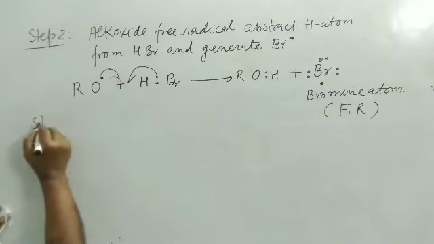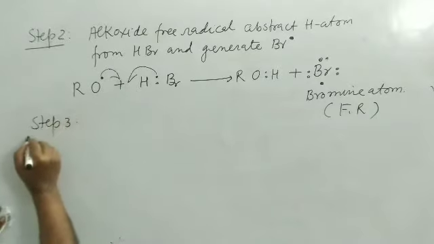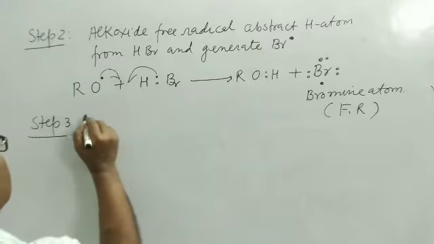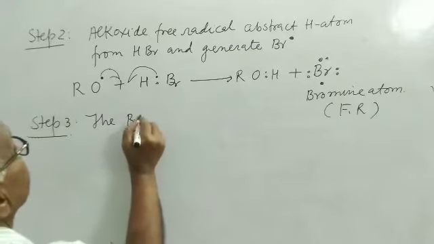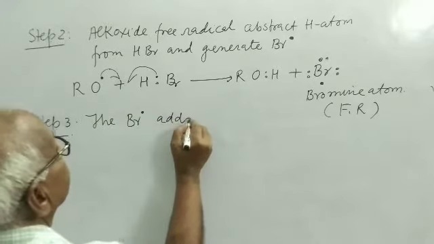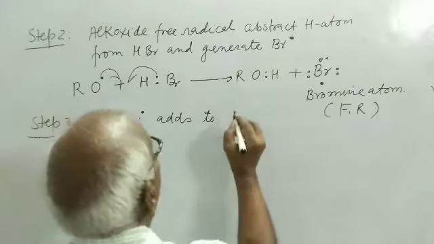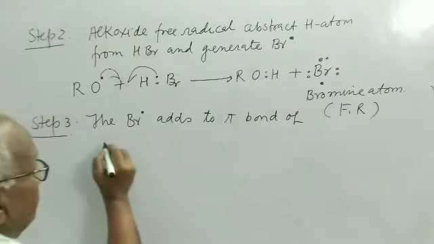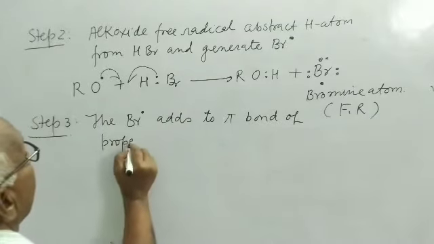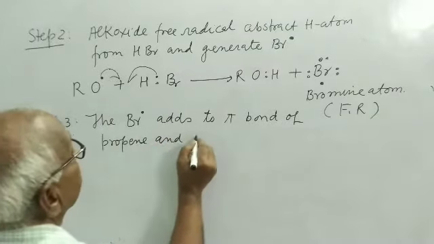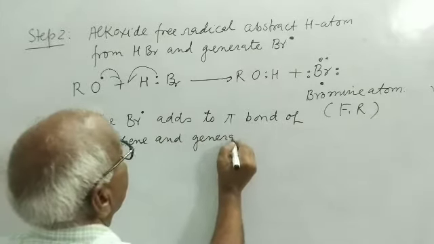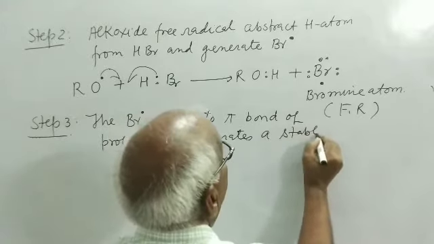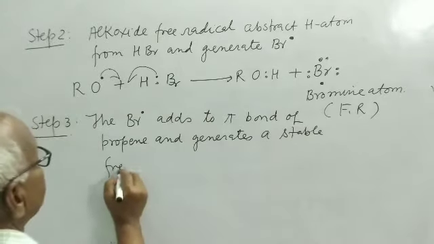Step third: the bromine free radical adds to the pi bond of propene and generates a stable free radical intermediate.